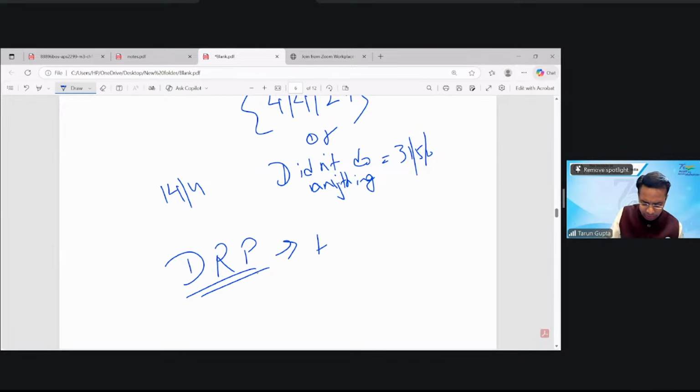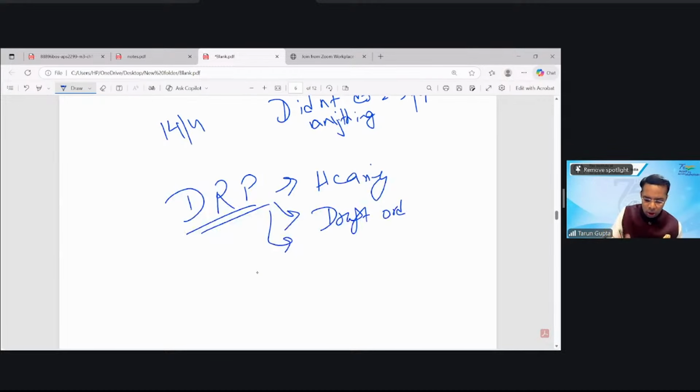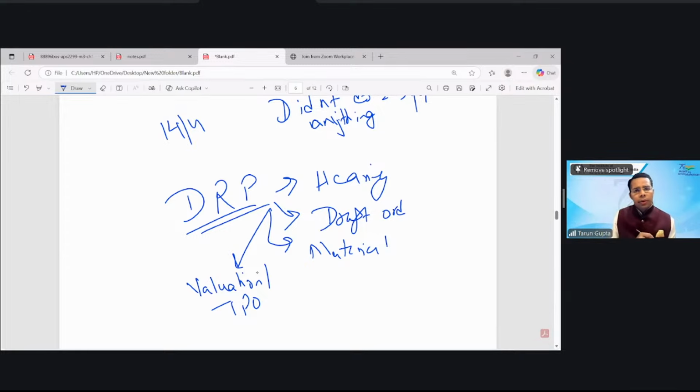He will do a hearing. He will listen to me. He will consider the draft order which the AO has passed. He will consider all the material which the AO has relied on. Rather, they will consider, as the DRP is a panel, not a single officer. They will consider the valuation report or the TPO order, any other thing which happened during the course of assessment before the AO.